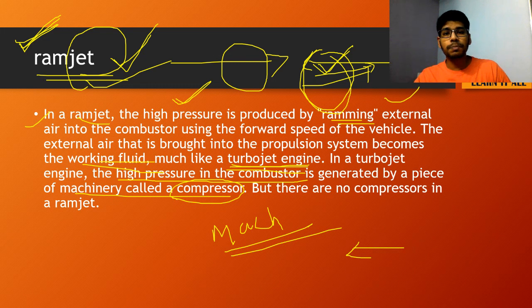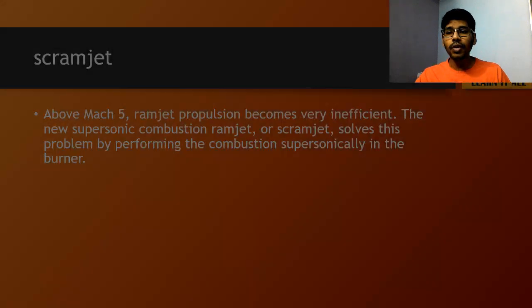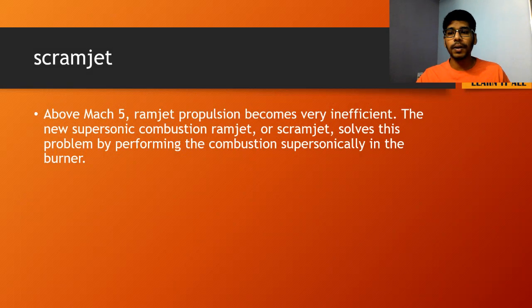But the supersonic speed will not be used for combustion. The air is reduced to subsonic speed and then used for combustion, right? So if the vehicle is moving at a hypersonic speed, obviously you cannot use the ramjet. The efficiency of the ramjet engine fails, right? For that purpose, the scramjet engine was designed, right?